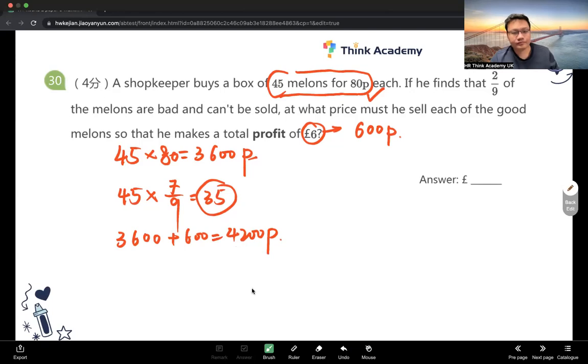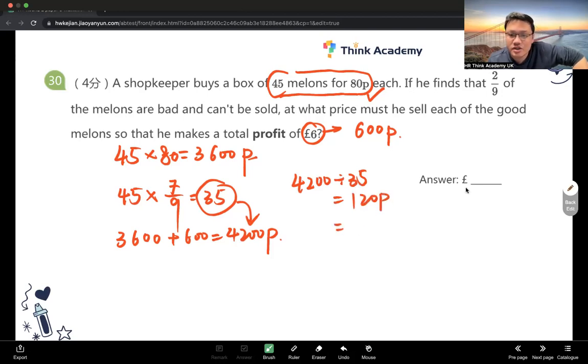And so what is going to be the price of each one? You have to use 4,200 divided by 35, right? Yeah, that's right. Very good. That equals 120p.